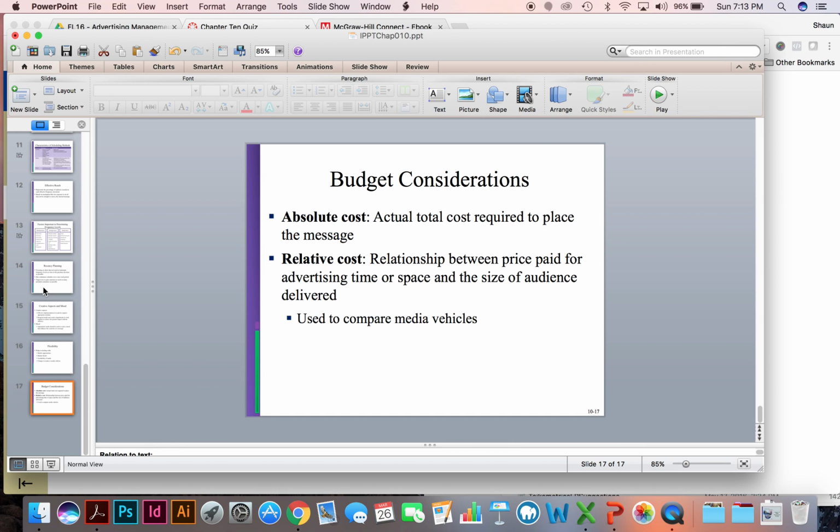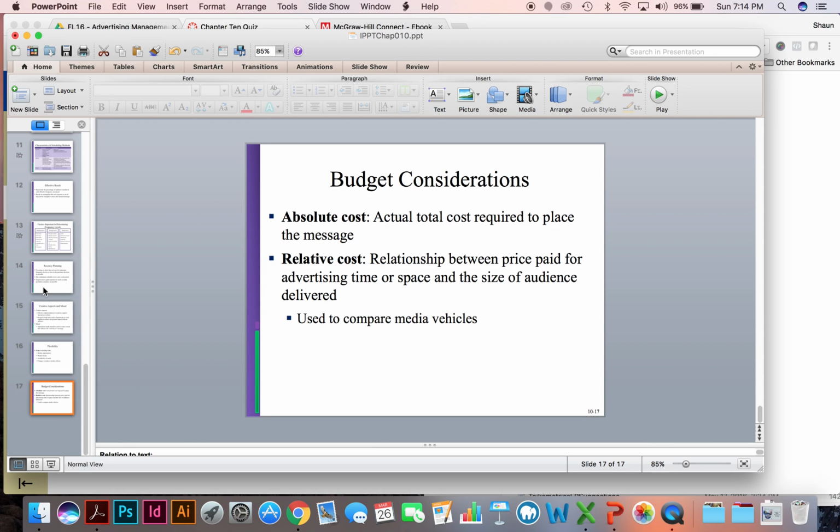And then finally, one of the most important factors before choosing your media strategy and media channel is the budget considerations. It's important to consider that absolute cost is the actual total cost required to place the message.